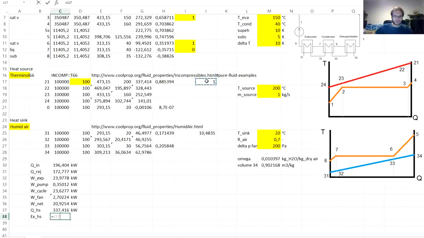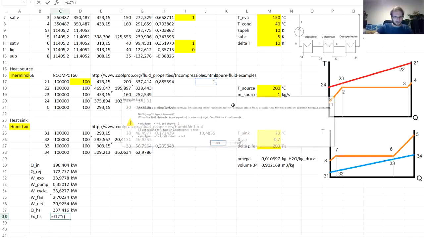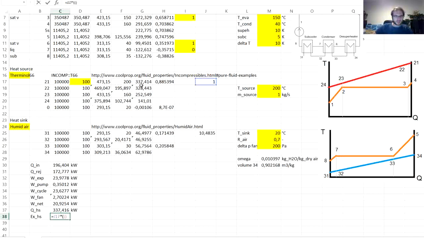It will be the mass flow rate of the heat source multiplied by the enthalpy at the inlet minus the enthalpy in the dead state, minus the temperature of the dead state in kelvins multiplied by the entropy of the inlet minus the entropy of the dead state.